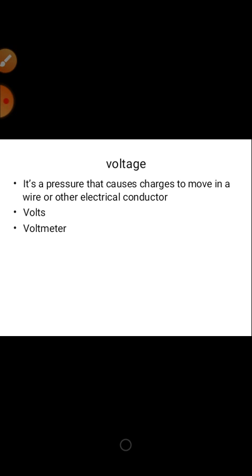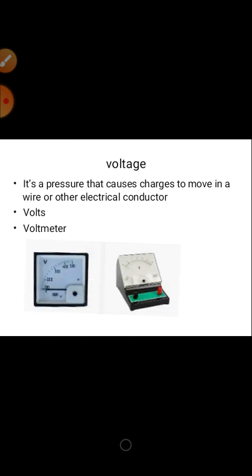Moving to the next concept, it is voltage. As I have told, until and unless we apply force on the electrons, they are not going to move. That force or pressure is created by voltage. Voltage is the pressure that causes charge to move in a wire or other electrical conductor. It is measured in volts by using a voltmeter.